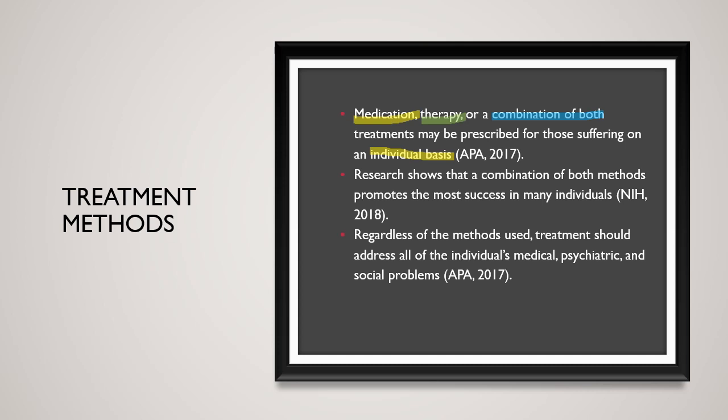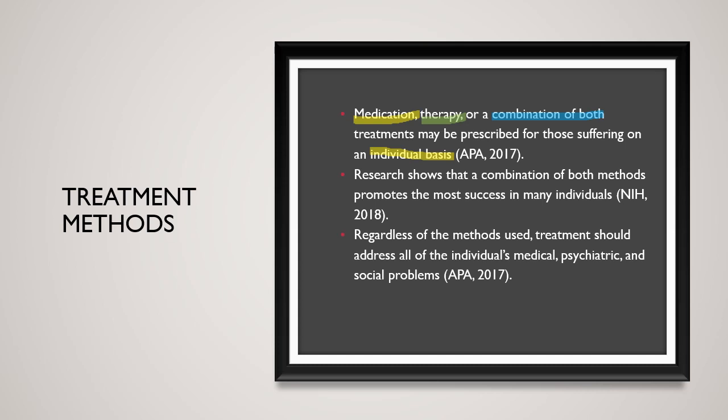So addict A may be prescribed medication, while addict B may be prescribed therapy, and yet addict C is prescribed a combination of both medication and therapy because they all have different circumstances within their lives.